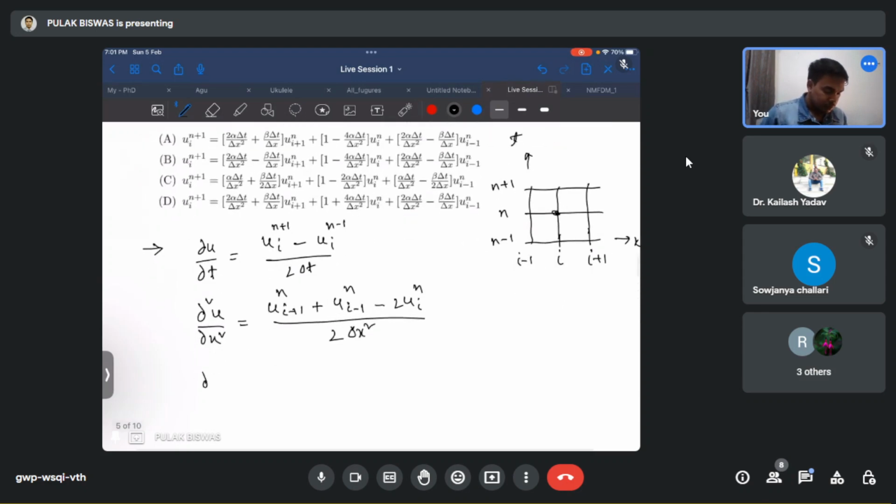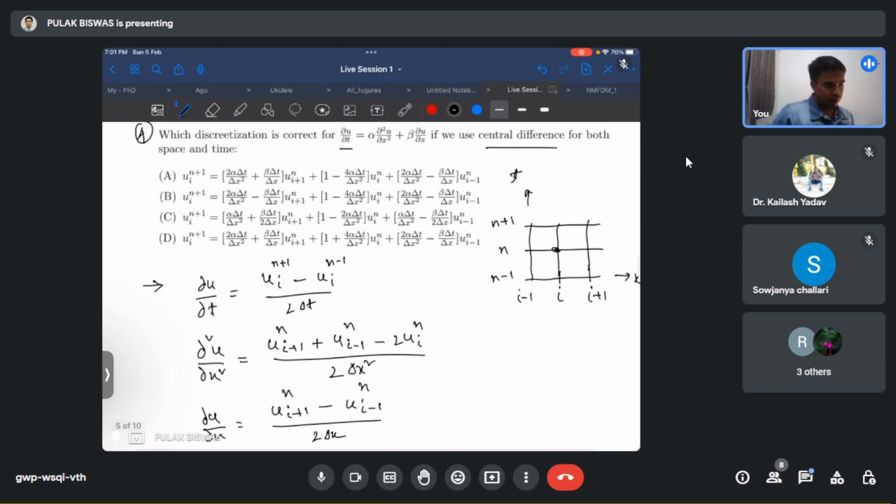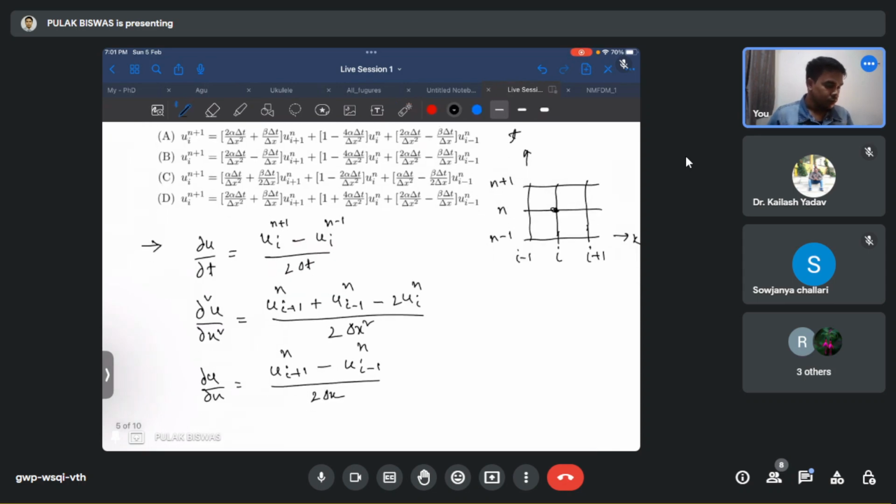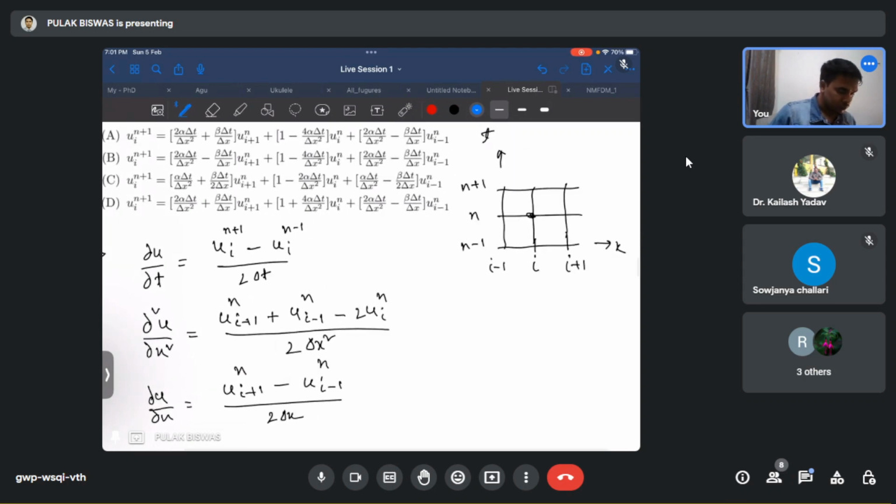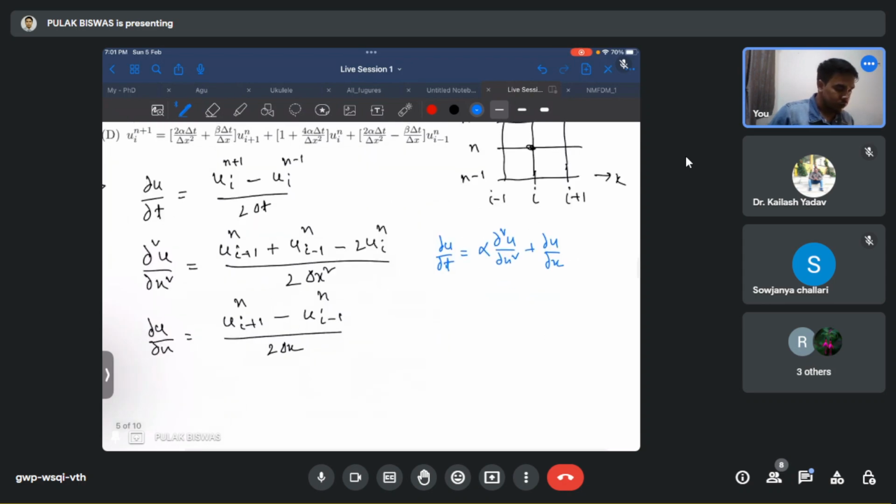And this one again, so if you arrange this in order to compute this one, what is coming?